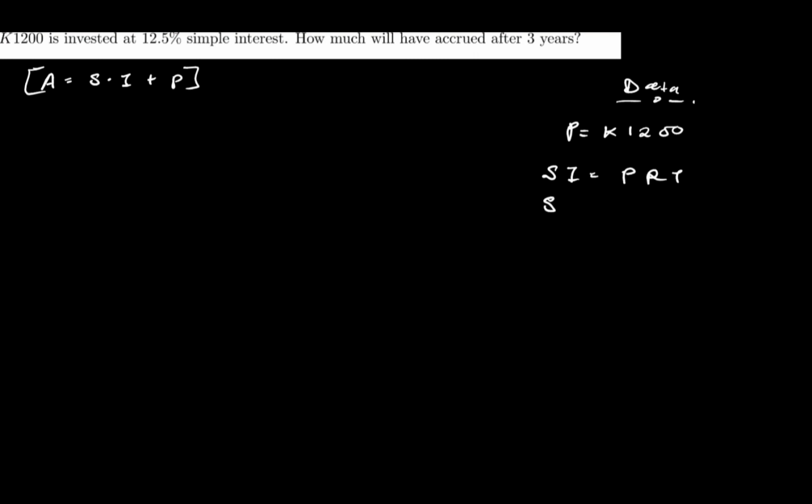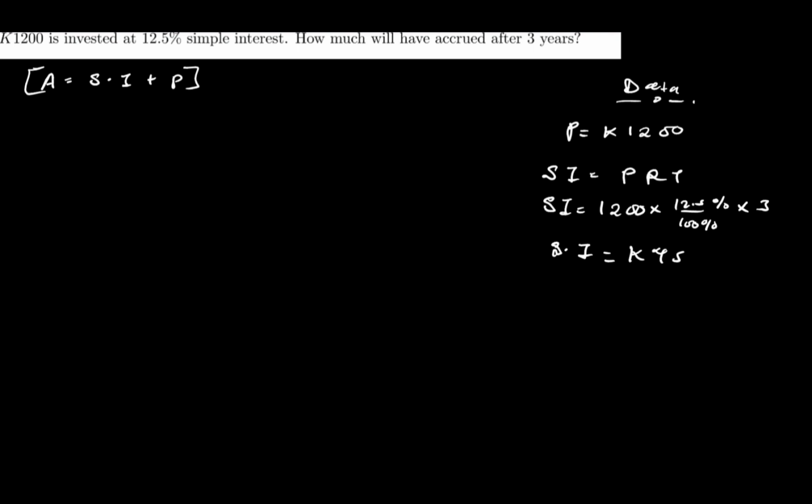So simple interest is equal to the principal amount, which is 1,200, times the rate. The rate is basically 12.5%. So we can say 12.5 divided by 100 because we need it as a decimal, times the duration, which is 3 years.